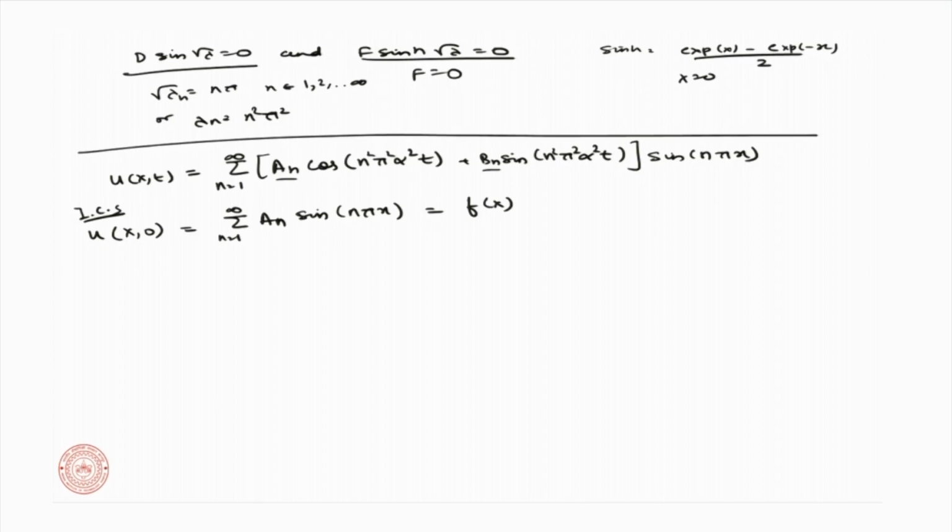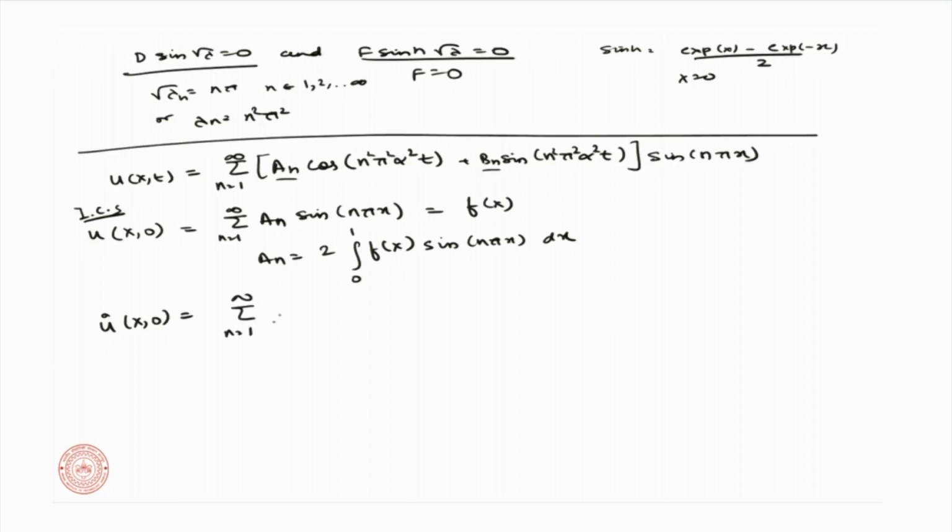Using inverse Fourier series, we can find a n equals 2 integration 0 to 1 f of x sine of n pi x dx, and u dot of x comma 0 will be equal to summation n equals 1 to infinity.